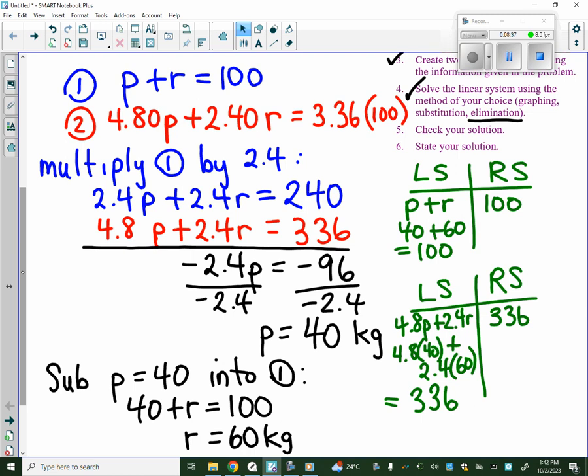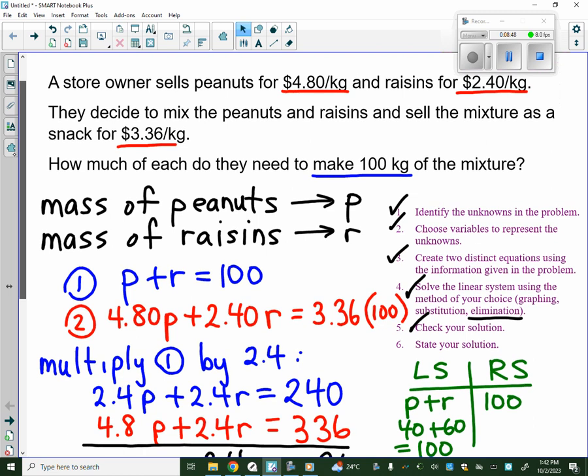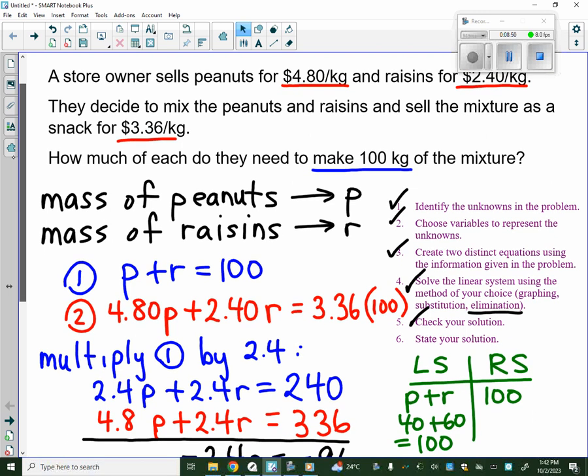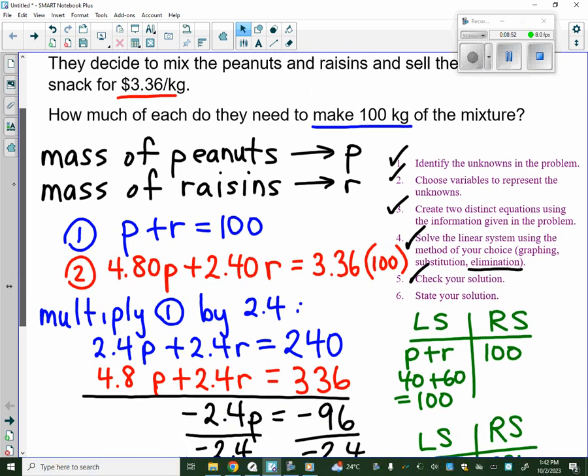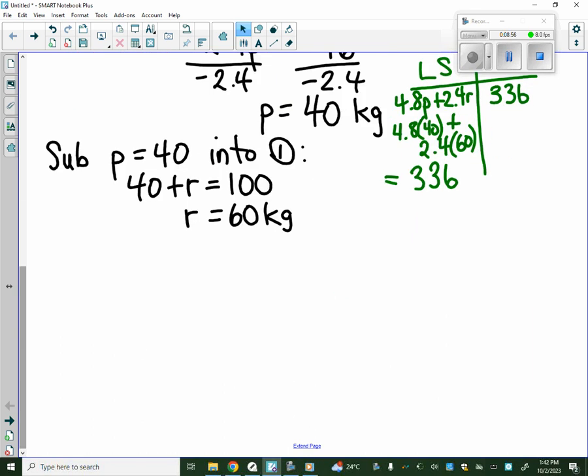So that leaves us with our final step, which is to state your solution. Remembering this is a word problem and that context matters when we make our final sentence, our final sentence better refer to peanuts, raisins, and mixture so that it's specific to this word problem.